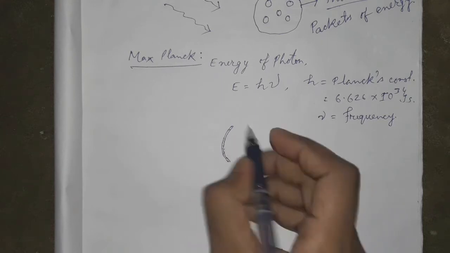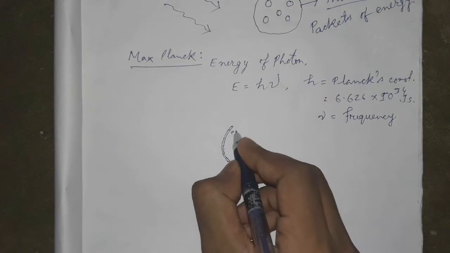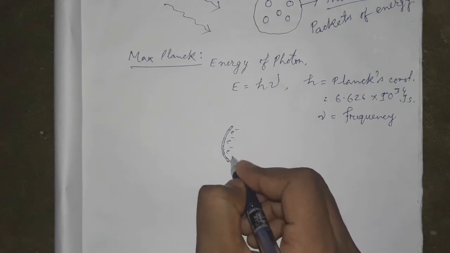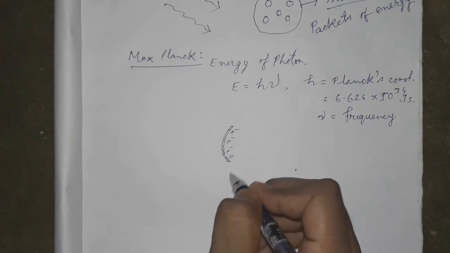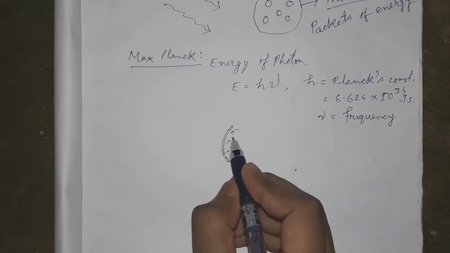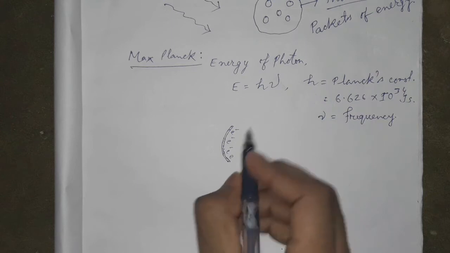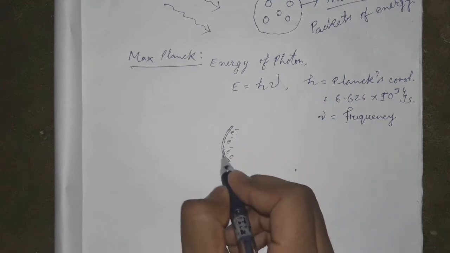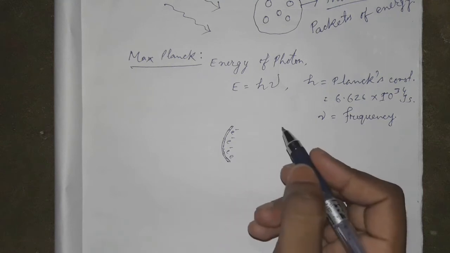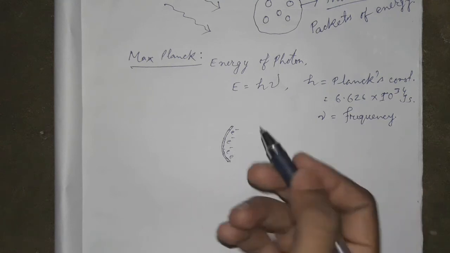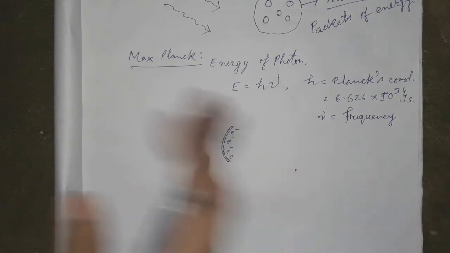In this metallic plate there are so many free electrons on its surface, but these free electrons are not free to move about, because they are continuously attracted to the nucleus of so many atoms present in this metal sheet, so they cannot get removed from this metal without getting some energy from outside.